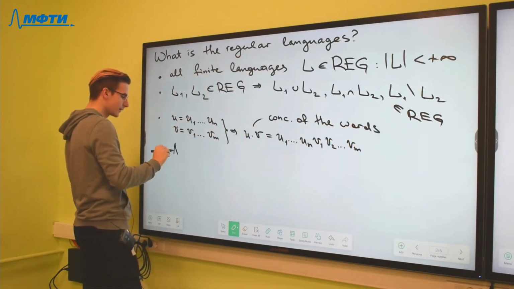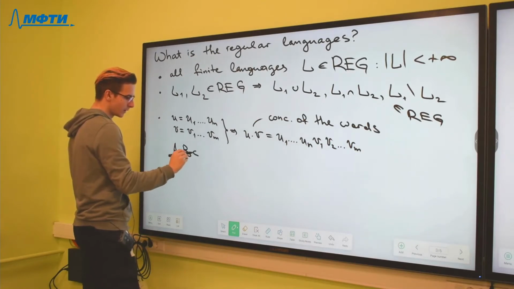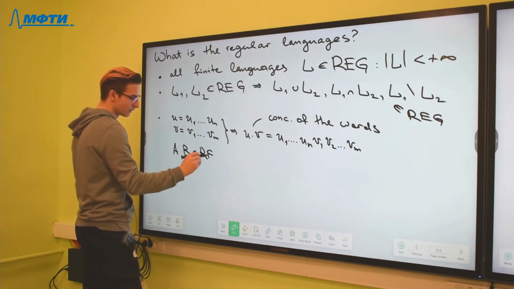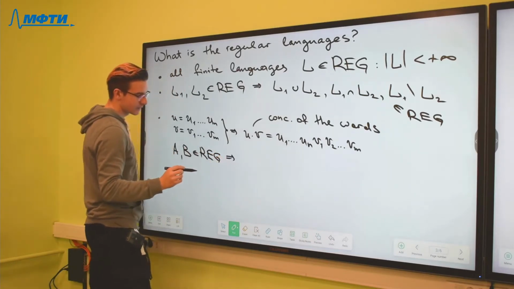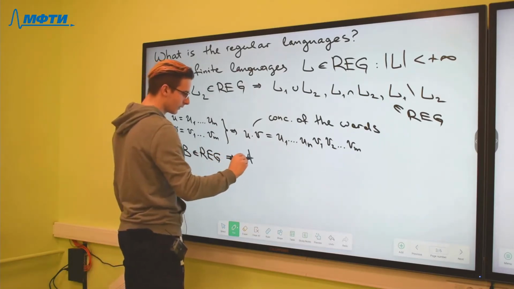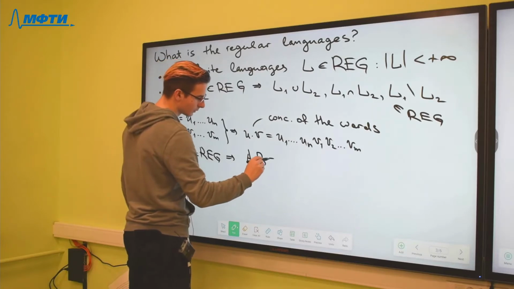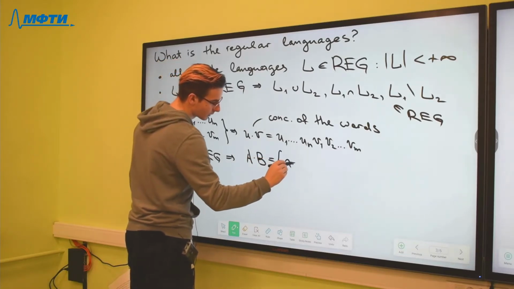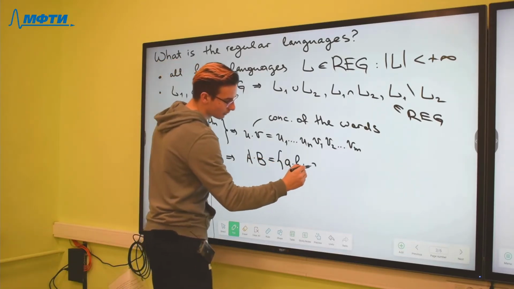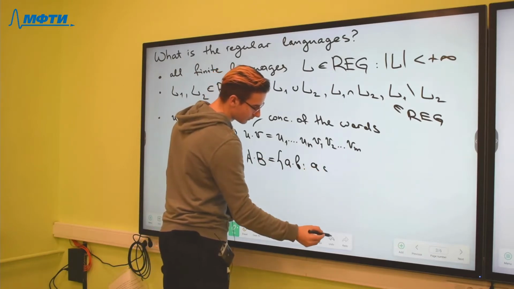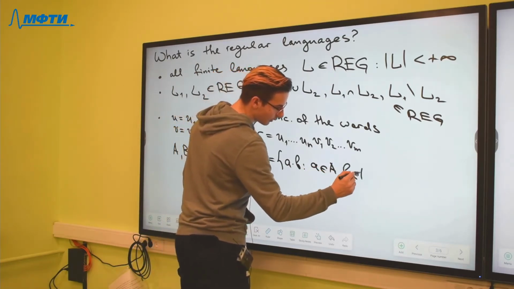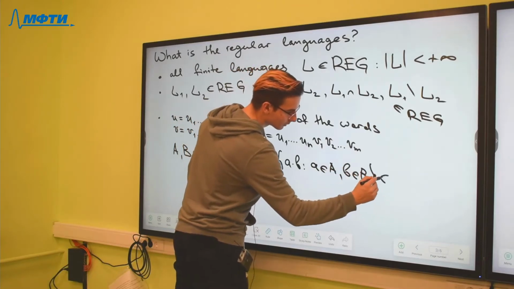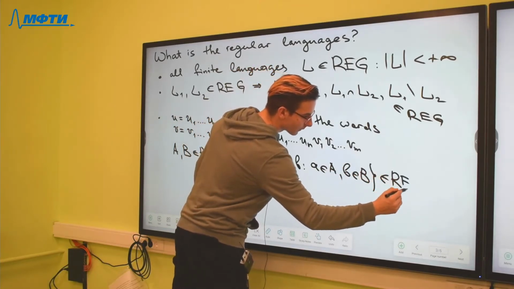So if we have two regular languages, then the concatenation of the words from the first language and from the second is also in the regular languages.